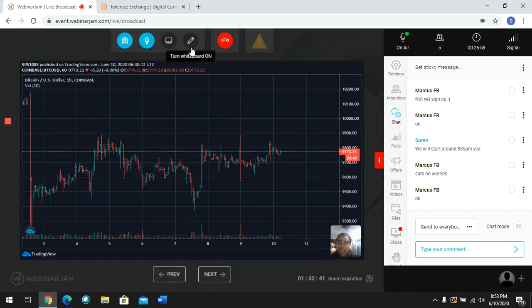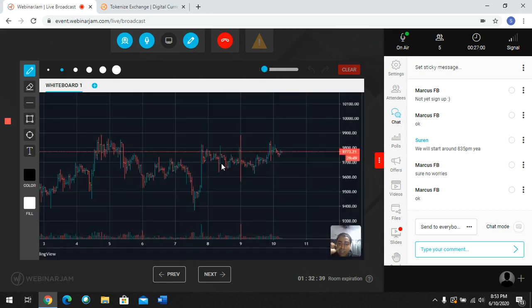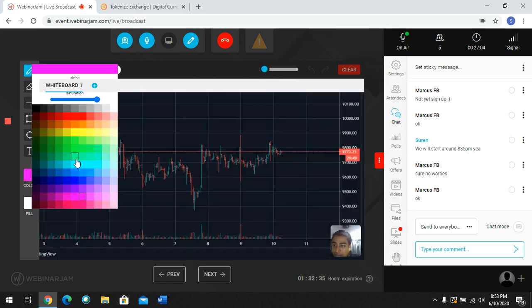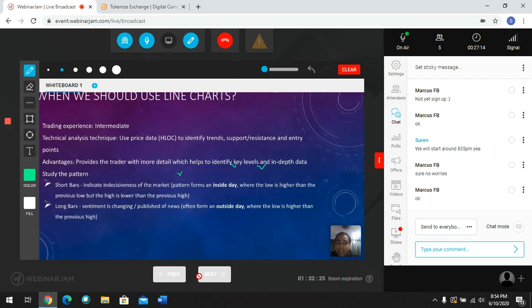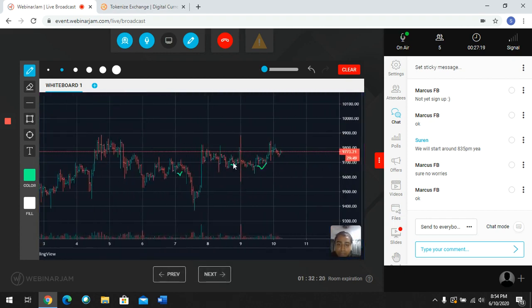Let me just draw. So if you can see all those short bars, those are called inside days. You can see all these are short bars.